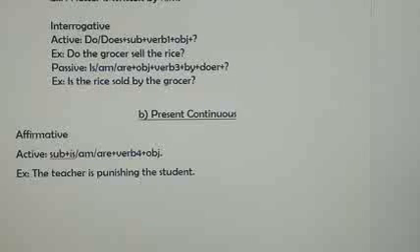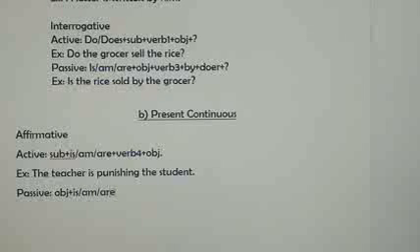Now I am writing the structure for passive. In passive, my dear children, object will come first. After that, we will use the same auxiliary verb is, am, are.